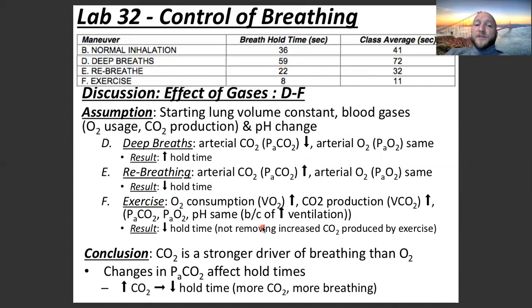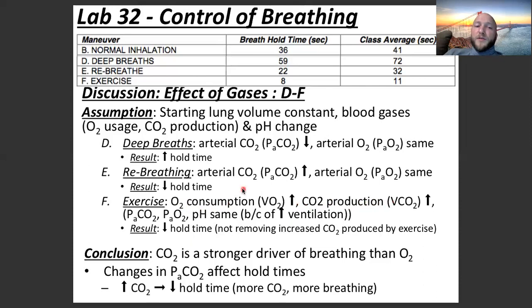And then we do exercise. What changes with exercise is O2 consumption and CO2 production. Exercising is going to increase O2 consumption, O2 use, because we're making more energy, and it's going to increase CO2 production.